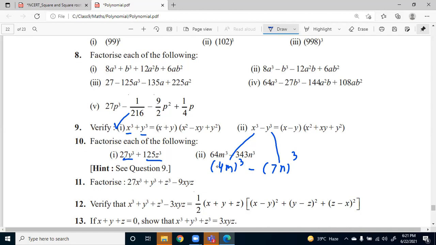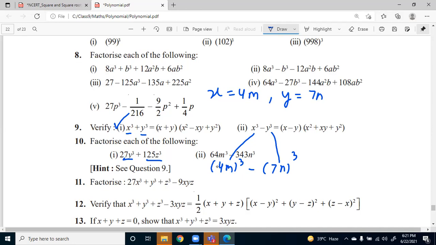Value of x, you have to just take the first cubic number. So value of x here is 4m. First cubic number is 4m. What is the value of y? Ma'am, 7n. 7n.